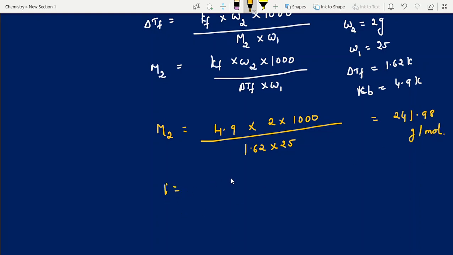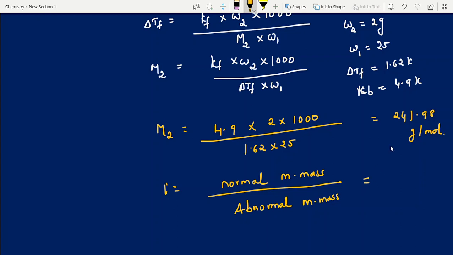How to calculate, students? i equals normal molar mass by abnormal molar mass. Abnormal means what you have just calculated, that is 241.98. What is normal? Normal is the benzoic acid formula.